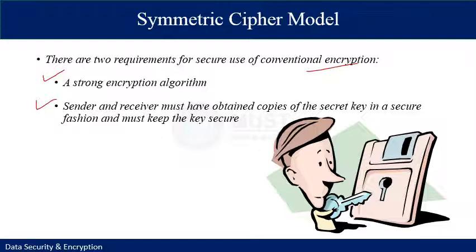Secondly, if someone can discover the key and knows the algorithm, all communication using this key is readable. Therefore, the sender and receiver must obtain copies of the secret key in a secure fashion so that no one else can get that key, and they must ensure that they keep the key secure. Additionally, it is very impractical to decrypt a message on the basis of ciphertext plus knowledge of the encryption and decryption algorithm.